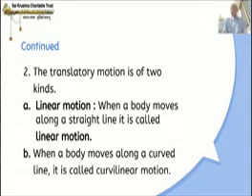The translatory motion is of two kinds. A. Linear motion. What is linear motion? When a body moves along a straight line, it is called linear motion. B. When a body moves along a curved line, or a curved path, it is called curvilinear motion. Have you all understood the difference between linear motion and curvilinear motion?